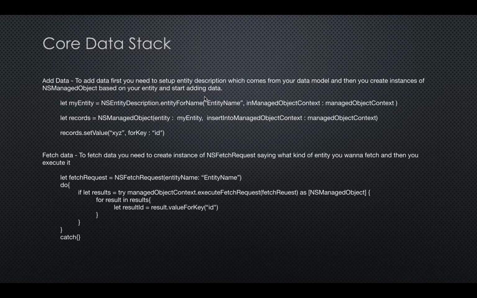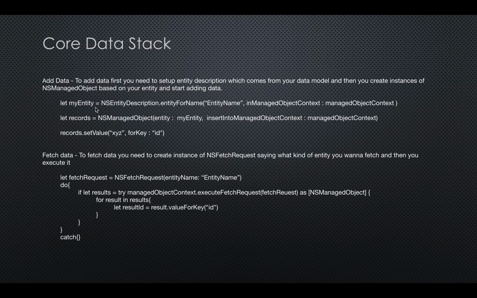For saving, for adding records in your table, you have to create an entity description, and then you have to create an instance of the record. Because you're saving a record, you have to create an instance of the record by using the entity name and a managed object context, and then set value and then save it.